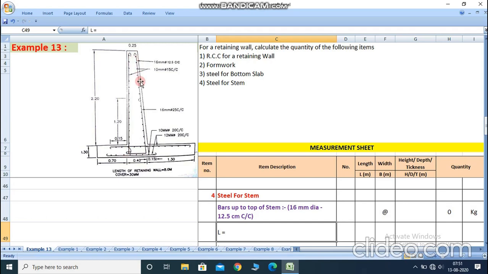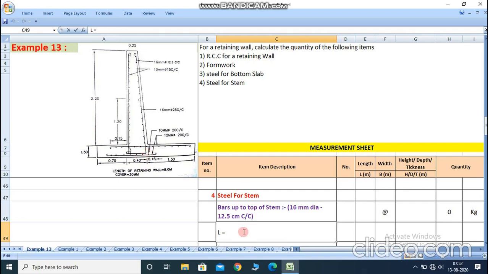So 2 multiplied by 9 into D, minus top cover, minus bottom cover, and minus the horizontal bar, meaning the bottom bar, and the 10 mm diameter bar is also deducted from the calculation.